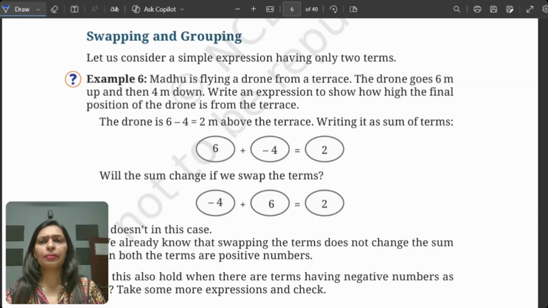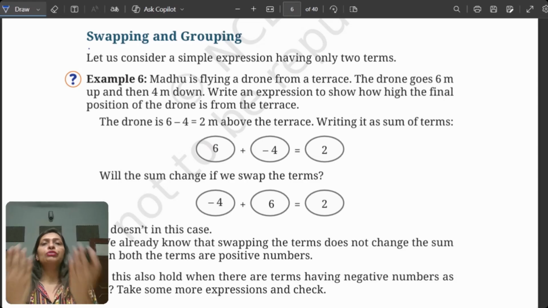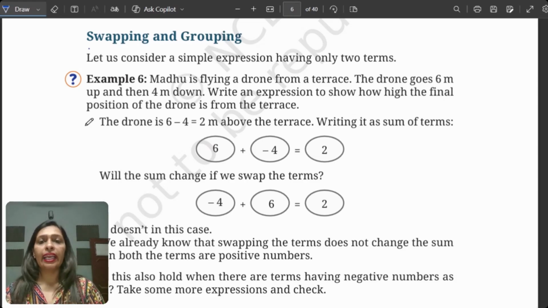So the next basic meaning is swapping. Swapping means I'm going to exchange the position of the numbers or any object, for that matter. If I'm just going to switch the position, for instance, here I am having 6 and plus minus 4. So what I'm going to do is, in place of 6 I will write minus 4, and in place of minus 4 I'm just going to write 6.